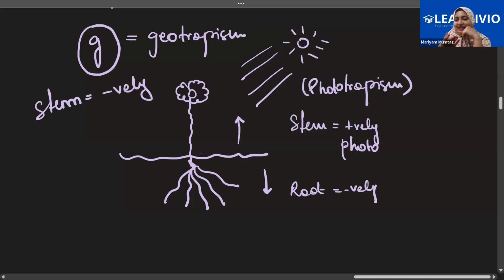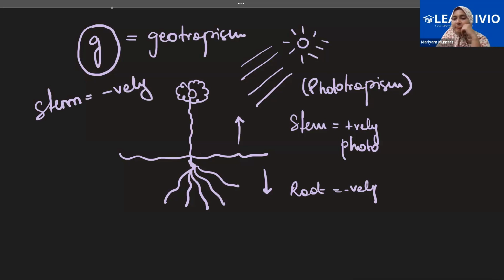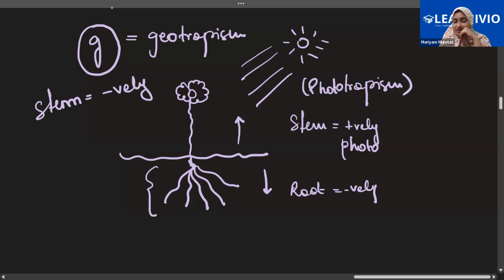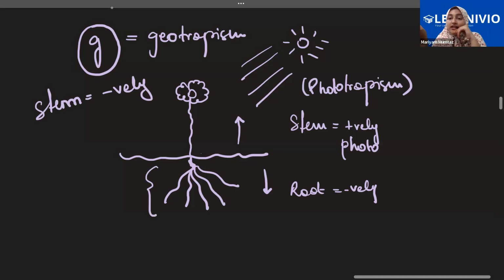They will be negatively geotropic. Why? Because they are moving against the gravity, isn't it? They are moving upwards. The gravity acts downwards. But the roots are moving downwards, so we'd say they are positively geotropic. Getting my point?